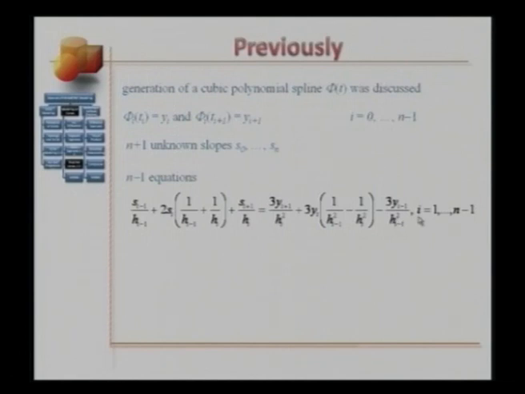The index i went from 1 up till n minus 1. Hi here was defined as the difference between the two knots ti plus 1 and ti.